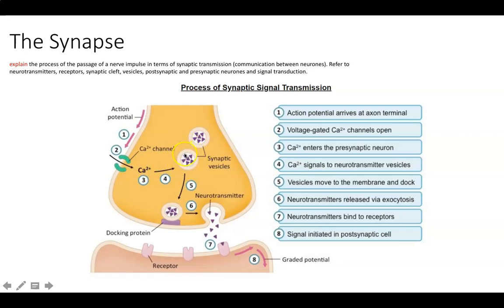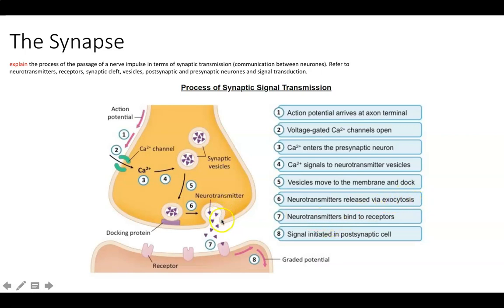So that means it's about to bind to the membrane so that it can then be released. So the vesicles move to the membrane and dock, and then they release this. It's called a neurotransmitter. It's this chemical that's going to stimulate an action potential in the receiving neuron. And this happens via exo, that means out, cytosis.